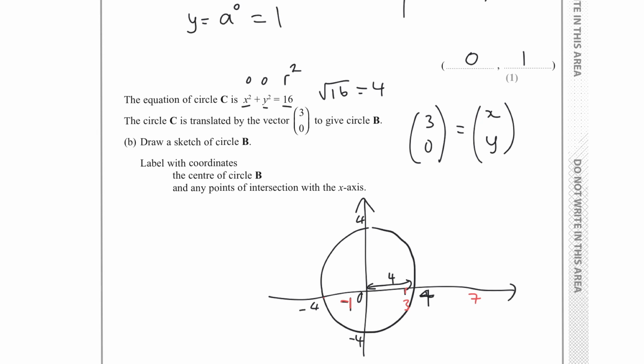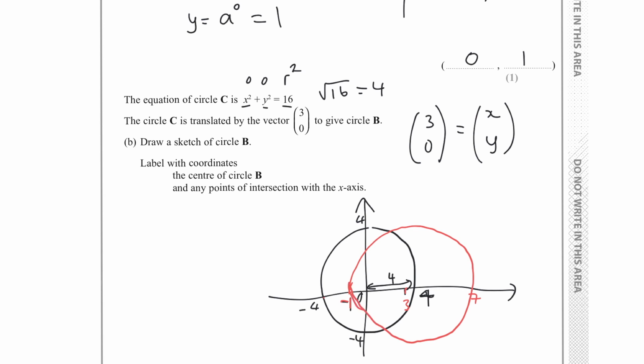So very bad circle, but you get what I mean. So now it's being translated. I don't know why this one looks bigger, but we're going to draw this again. Art is not my forte, apologies. Okay, there we go, something like that.